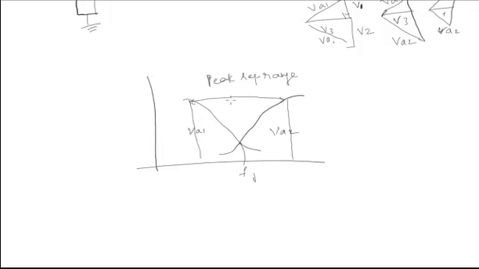If the frequency is in between this peak separation range, we will have linear variation. Peak separation range should be more than twice the frequency deviation. Frequency deviation is nothing but delta f.